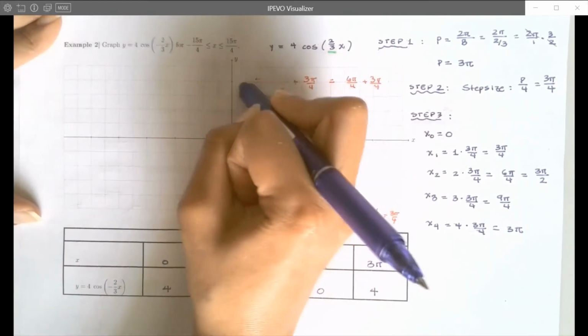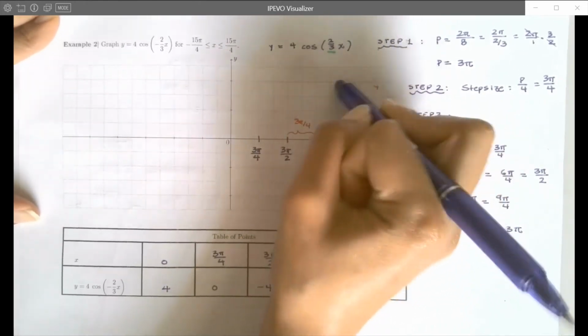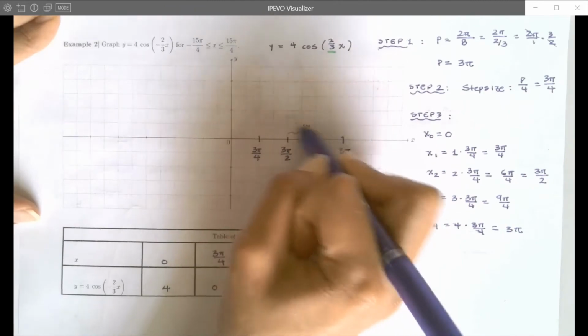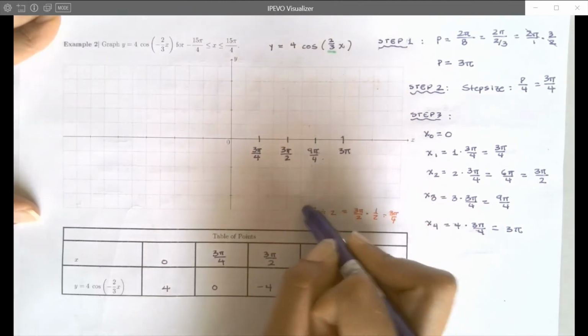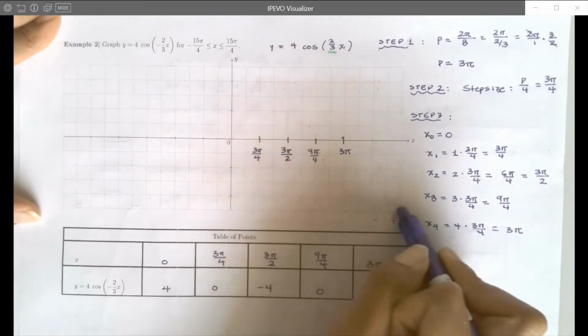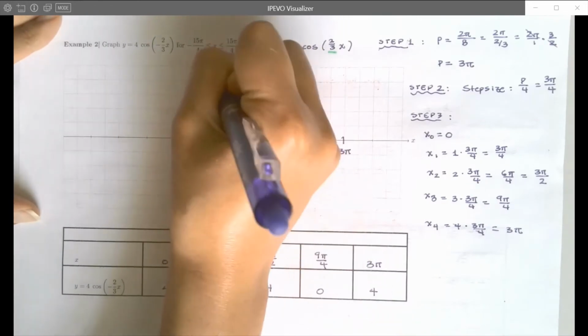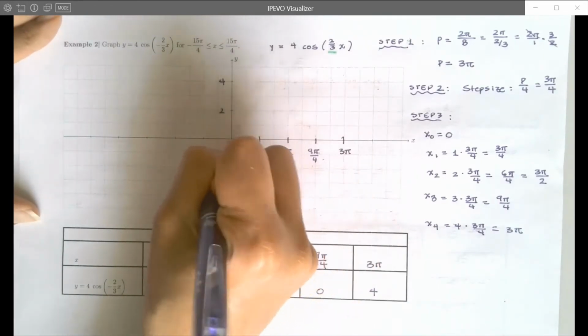Okay, we're going to be graphing the cycle then. I'll just erase these so they don't get in the way. The highest point is going to be a 4, the lowest point is going to be a -4. So when we draw our tick marks, we want to make sure that we can fit in those values.